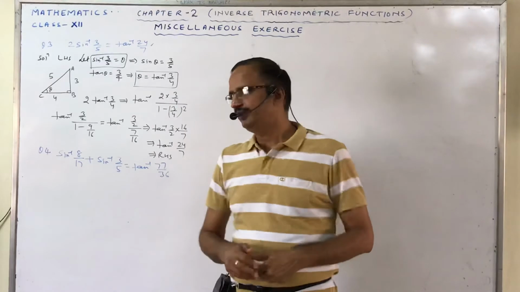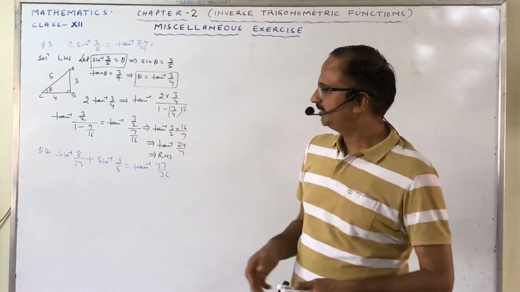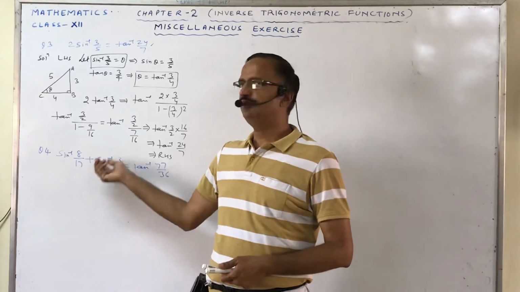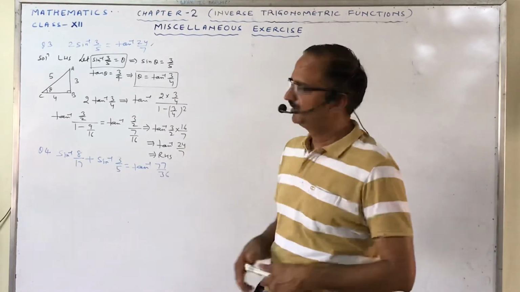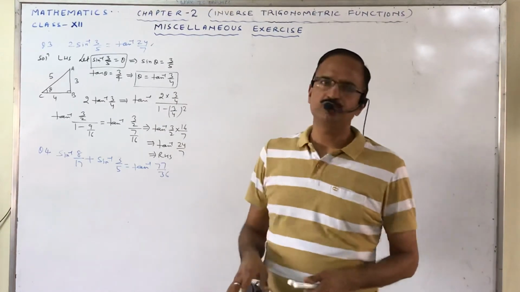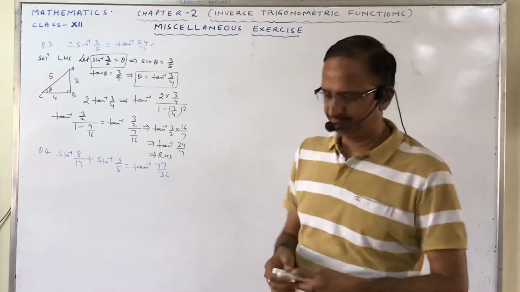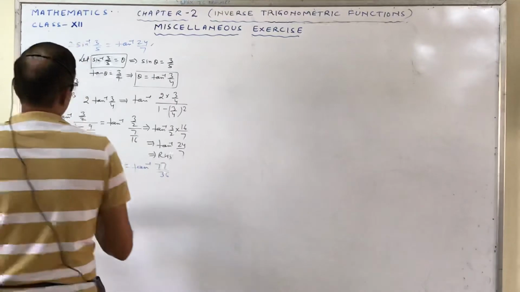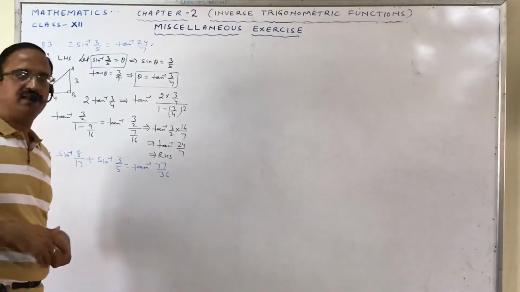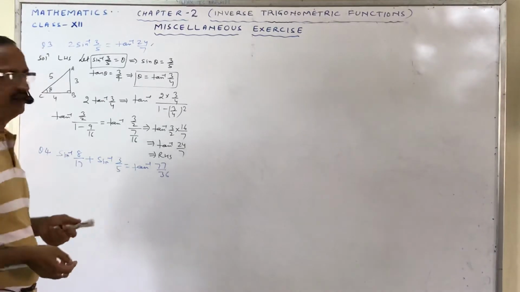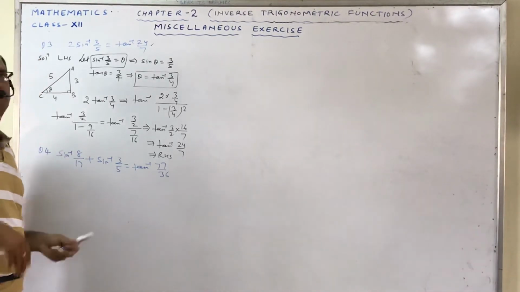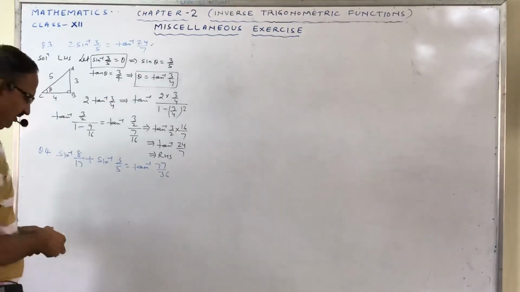On the right hand side we have tan inverse x. It means we have to prove the sum of these two equals tan inverse x. So the first step should be we will convert these two in the form of tan inverse. As we have done in question number 3, the same method we will apply in question number 4 and convert these two in the form of tan inverse.